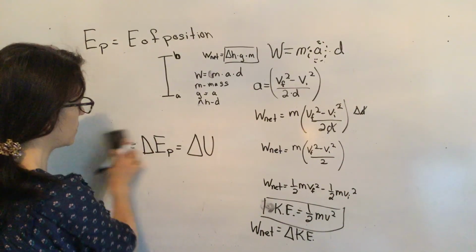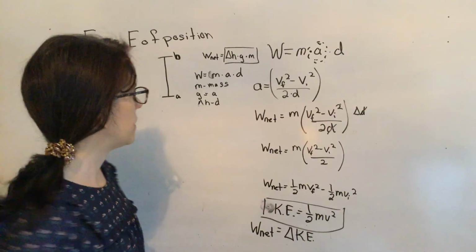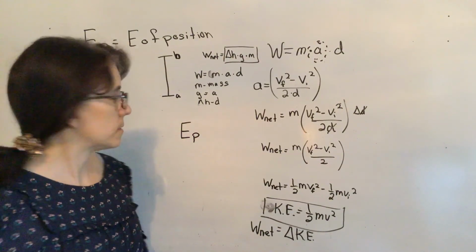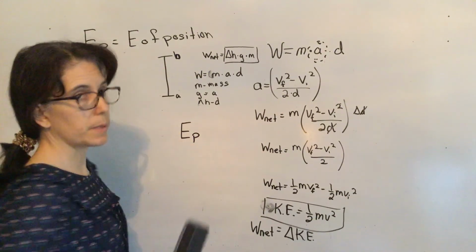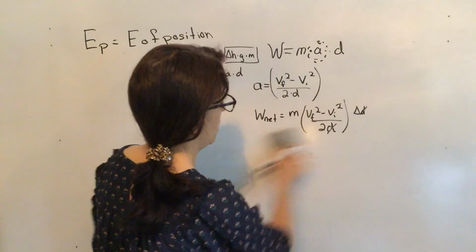So it's an expression we're just going to use in this class, and again, this is also a conventional form. The energy of potential may be something that you'll use in the future.